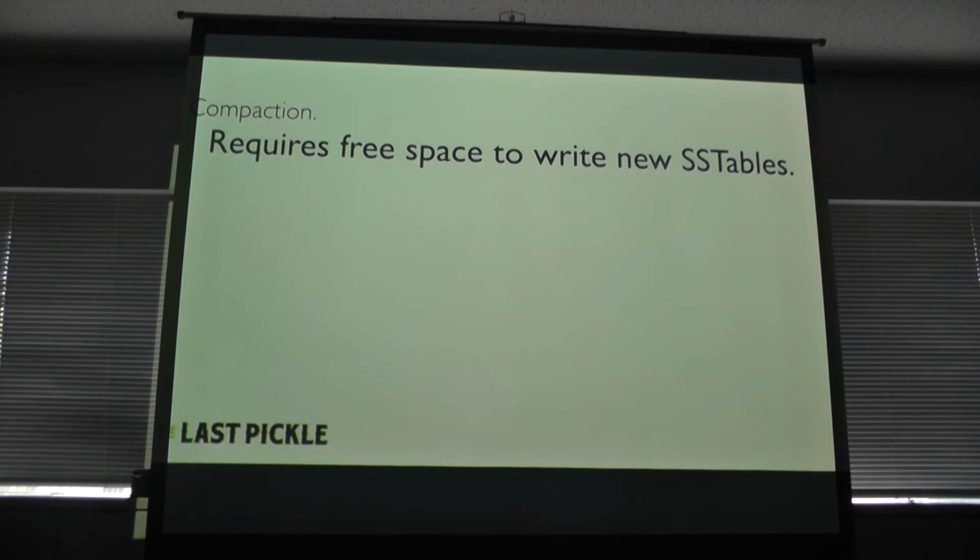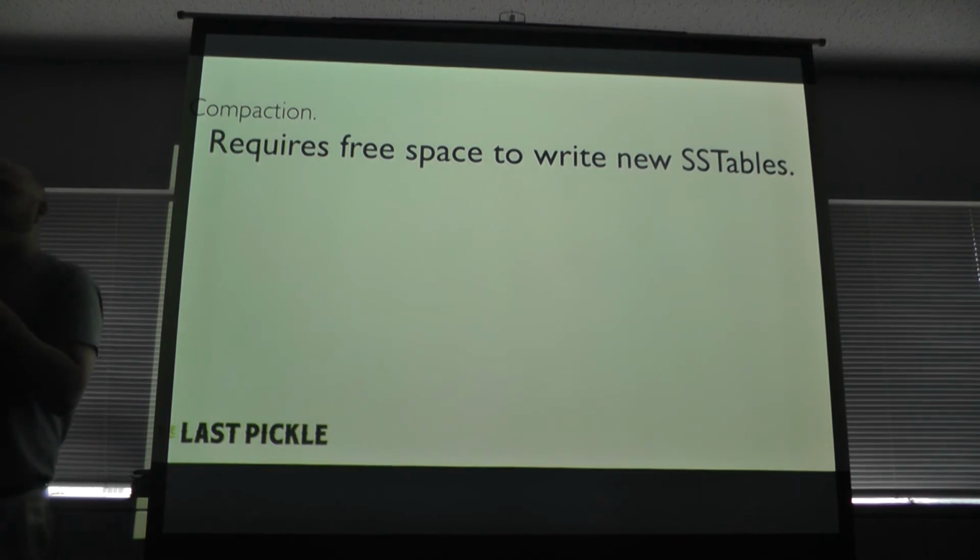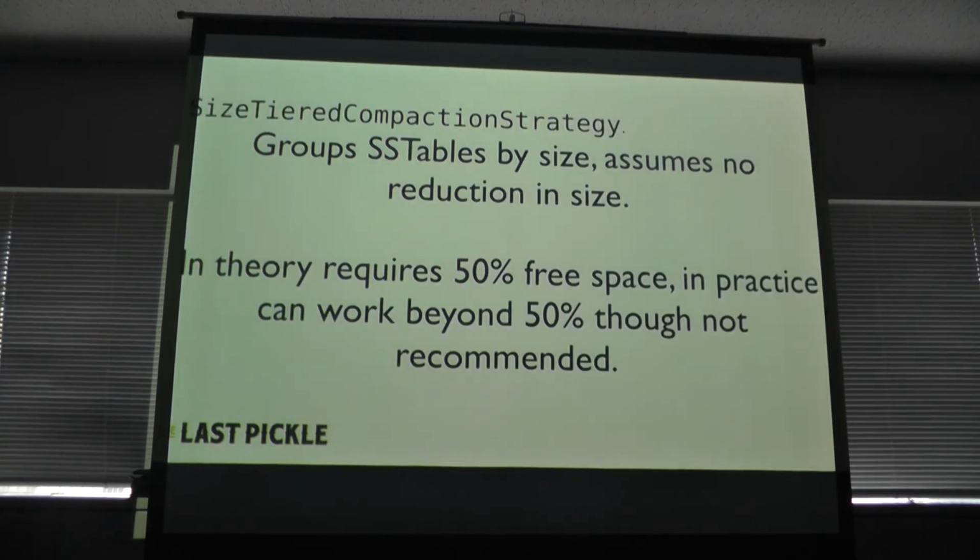Now, compaction is another fact of life in Cassandra. We have very, very fast writes because our storage engine writes new SSTables to disk. The downside of that is that we have to compact those, or we would end up with tens of thousands of files. The compaction requires space to write new SSTables.